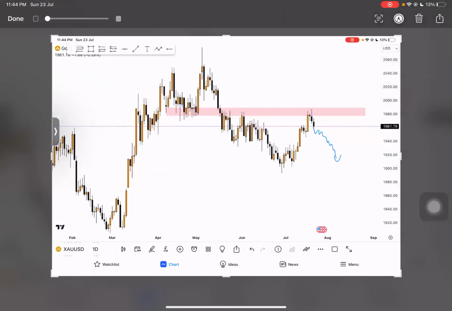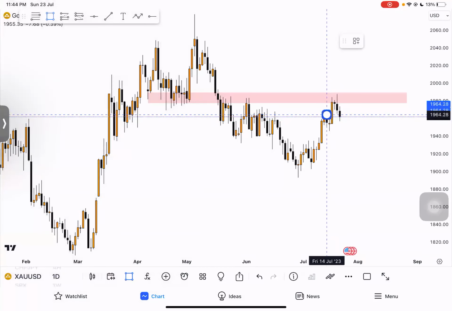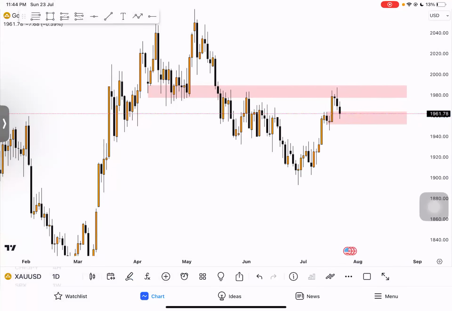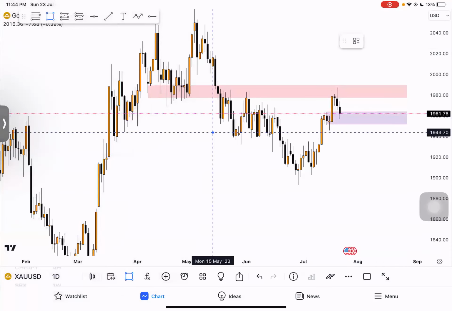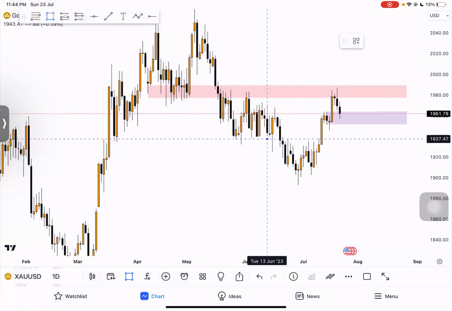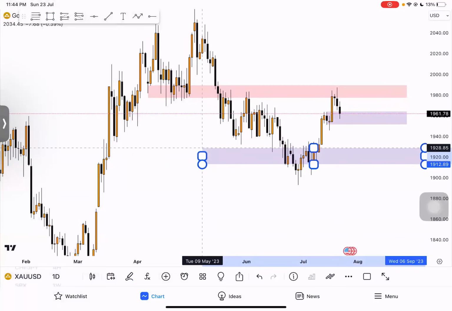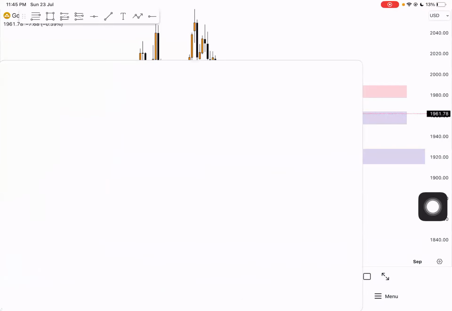But you have to monitor this area also because there is a rally base rally. So far I didn't see any good reaction on the rally base rally. I will change this color. Rally base rally, and also this area, the dodges area, also a rally base rally. These are the two levels that you can monitor in daily.